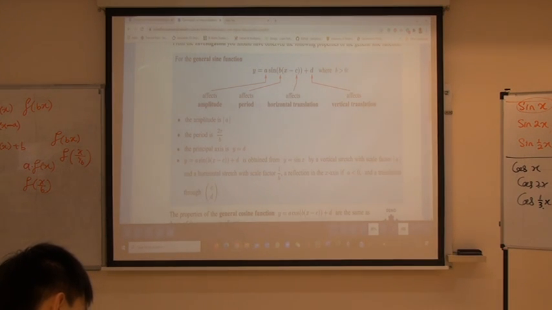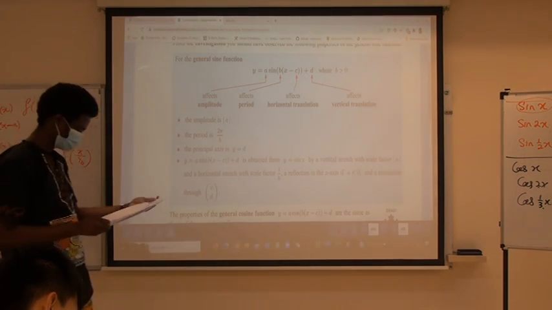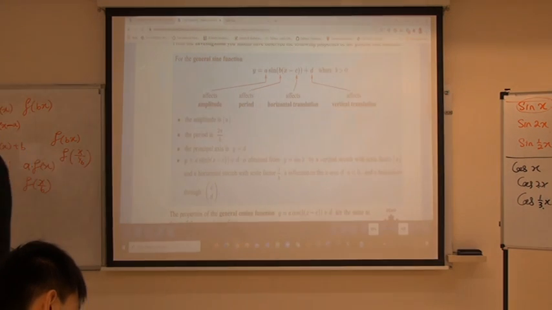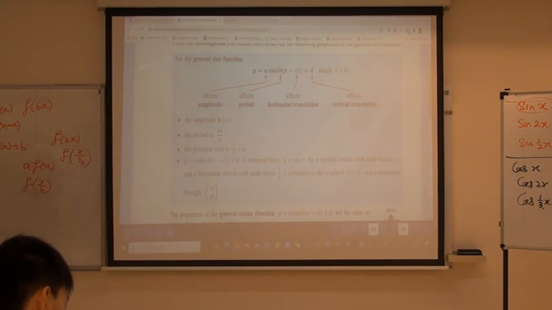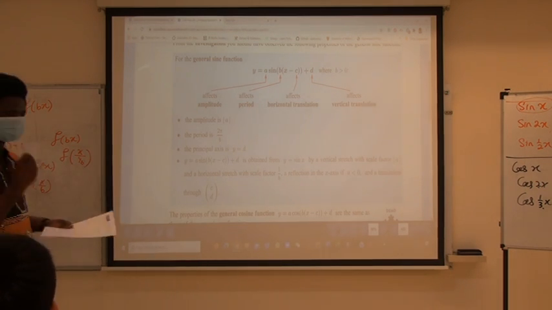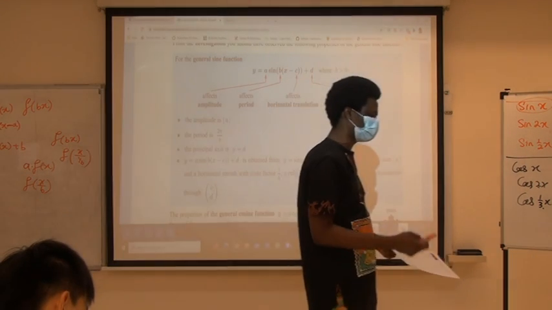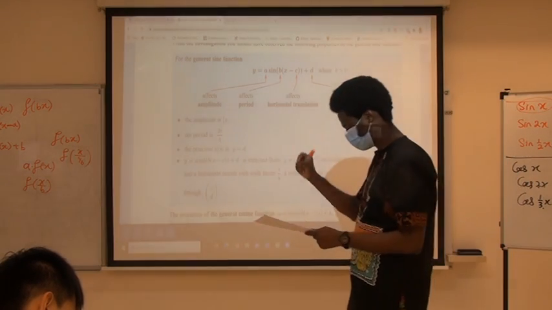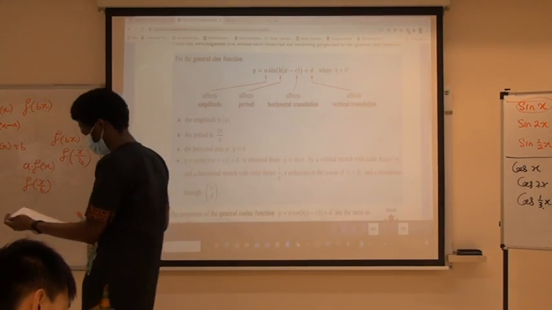Where's the other one? When you're trying to find your period, you just pick B. Because remember we said period is 2 pi over B. Just pick the value of B and write period is equal to 2 pi over that value of B. That's it.